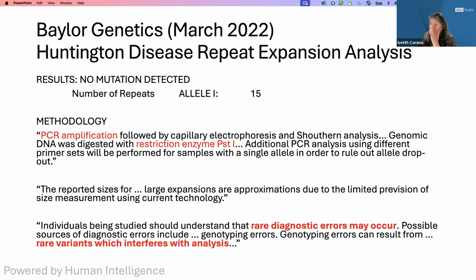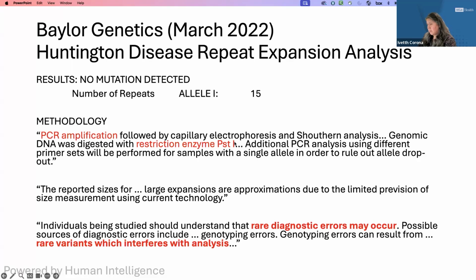Then this other test uses a restriction enzyme. We think it could be a problem, that maybe there is some rare variant interfering with the analysis, perhaps with this restriction enzyme. Something I have to note is that in the results, they only list one allele.